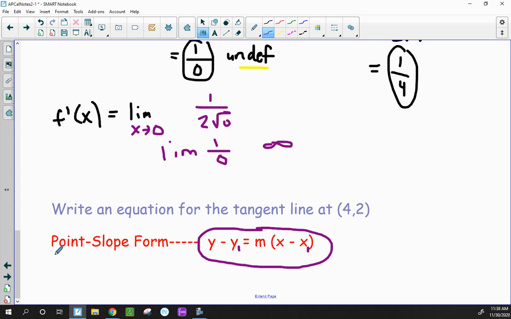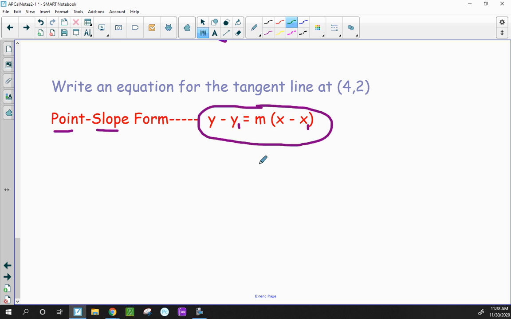The name gives it away. You must have a point and you must have a slope. We know where the slope goes, hopefully. If not, we're all in trouble. And we know that points have x and y, so the y1, x1 is where your point is going to go.